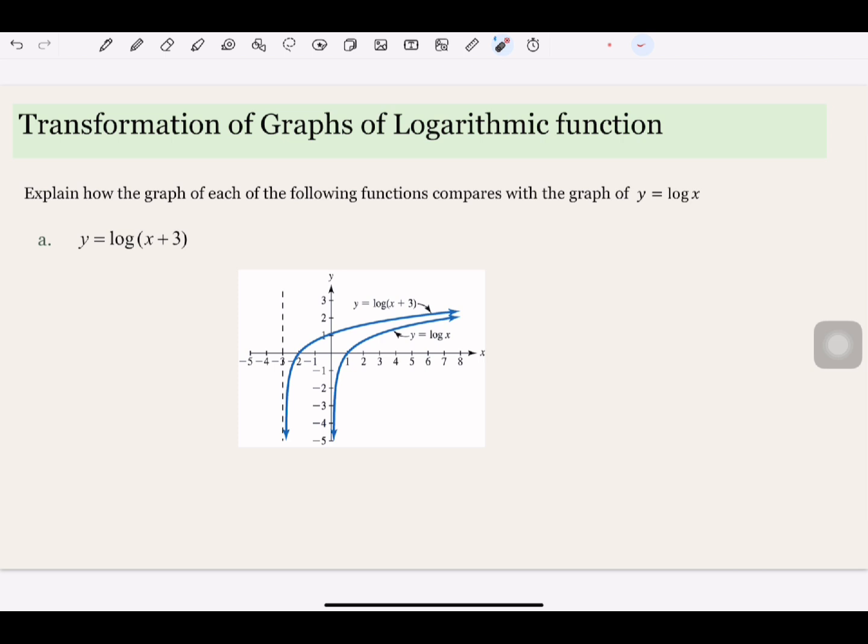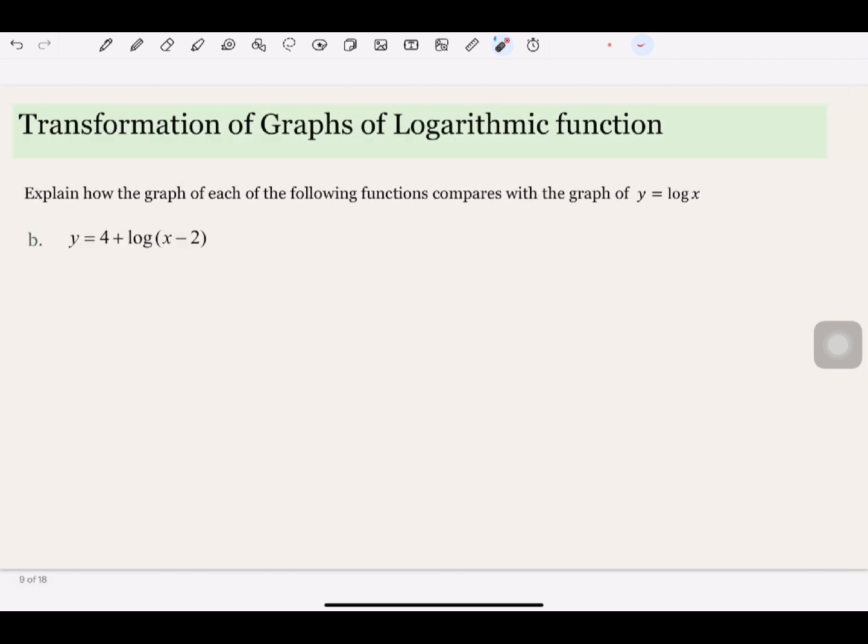If you transform this parent function, you will get a vertical asymptote x equals negative 3, and the graph is shifted left by 3 units, and now the domain is all the values greater than negative 3. The shape of the graph stays the same, but it just moved to the left. That is the first example.